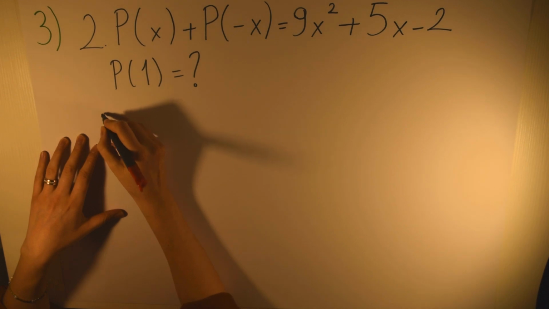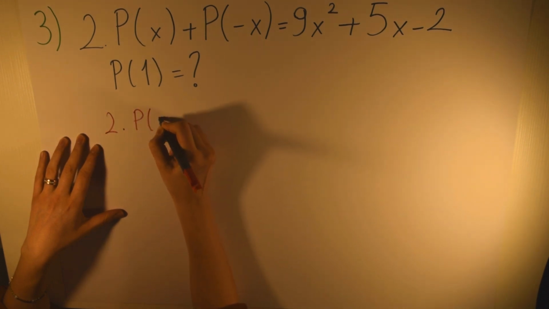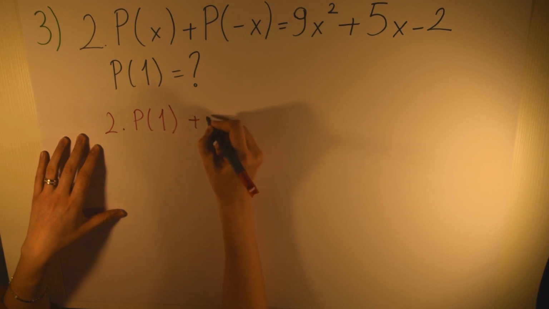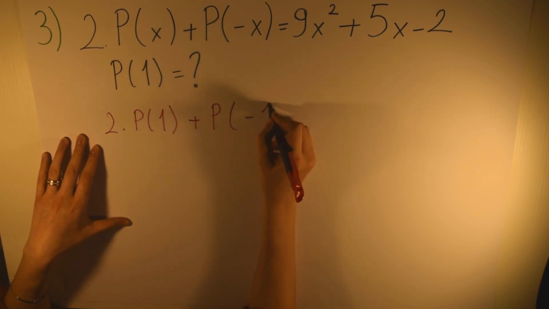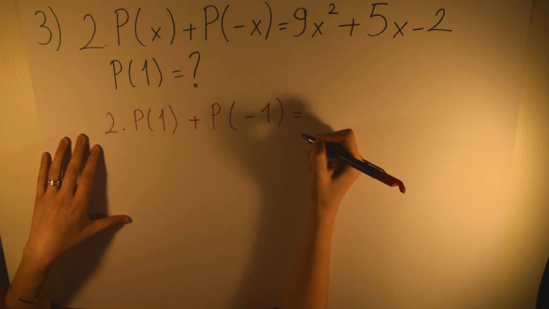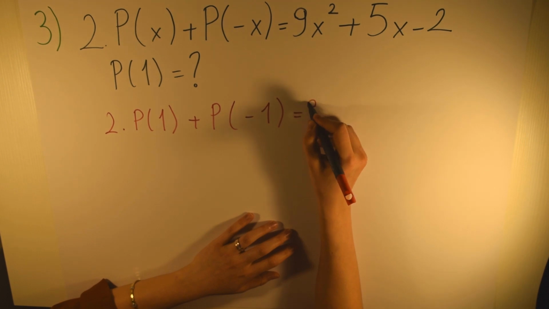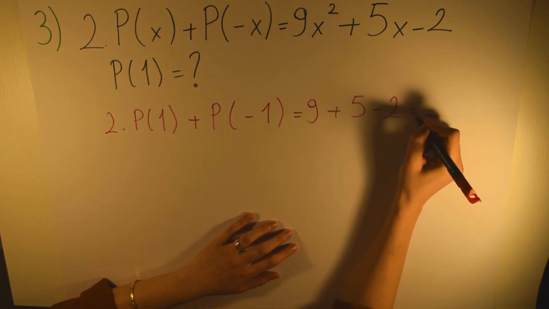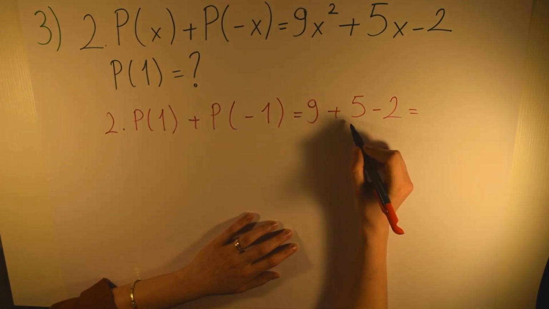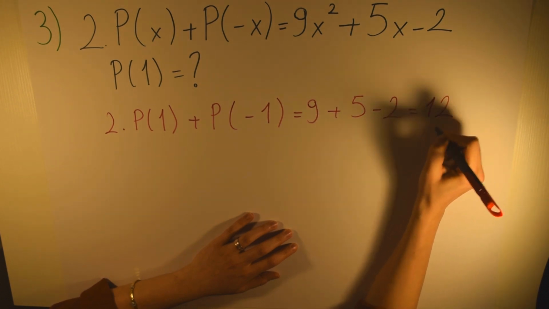So we have 2 times P(1) plus, when I put 1 instead of x, P(minus 1) is equal to, here when I put 1, I will get 9 plus 1 minus 2, which is 12, right?